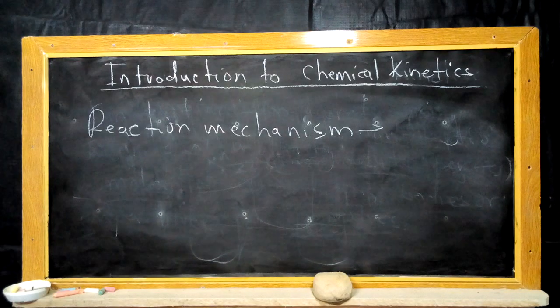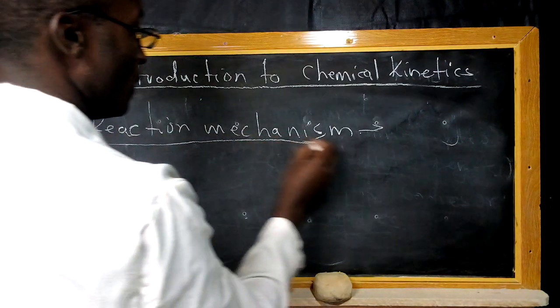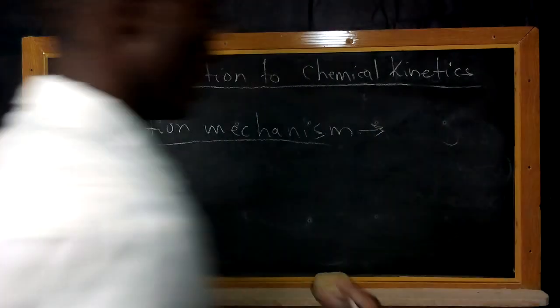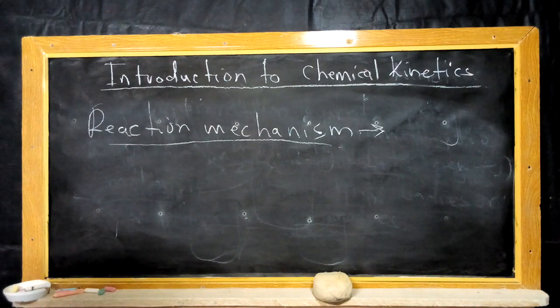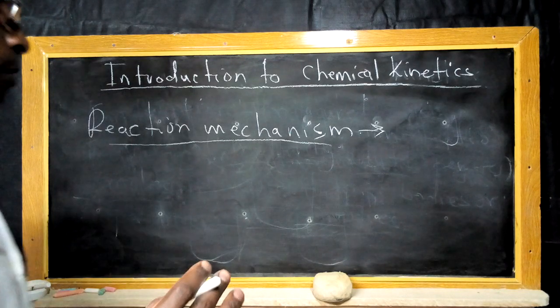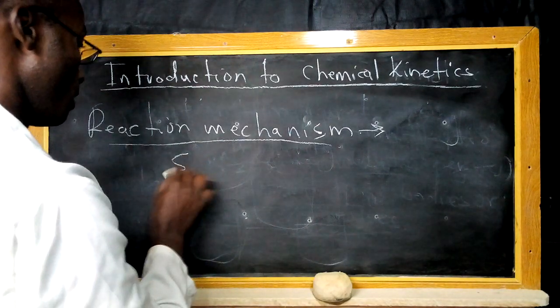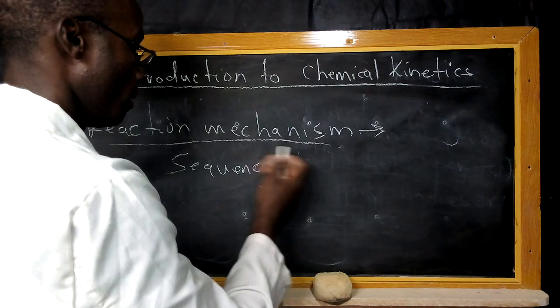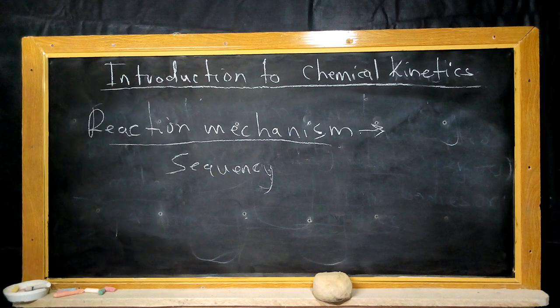Now, in this case, we can say that there are some chemical reactions which entail formation of sequences of steps, or when the reaction is taking place, it occurs in some kind of a sequence of steps.